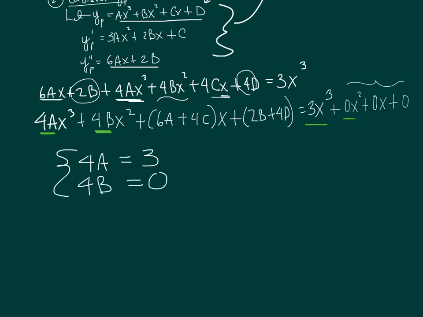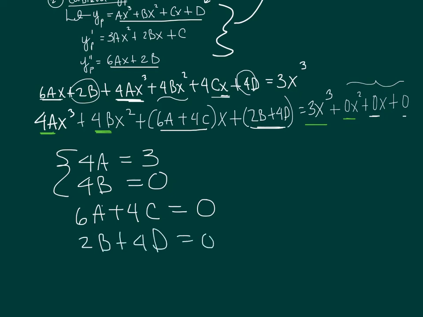And again, that's a coefficient times x, a coefficient times x. And so we have 6, not 6, 4, that's 6a. 6a plus 4c equals 0. And then again, the constant is just equal to 0, so 2b plus 4d equals 0, and so we can make this system a little bit bigger.